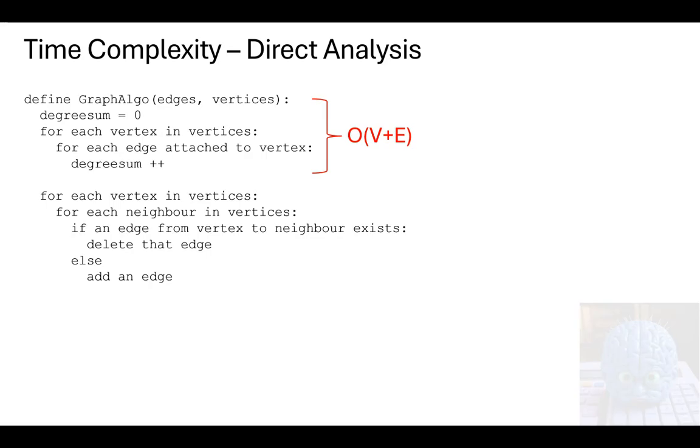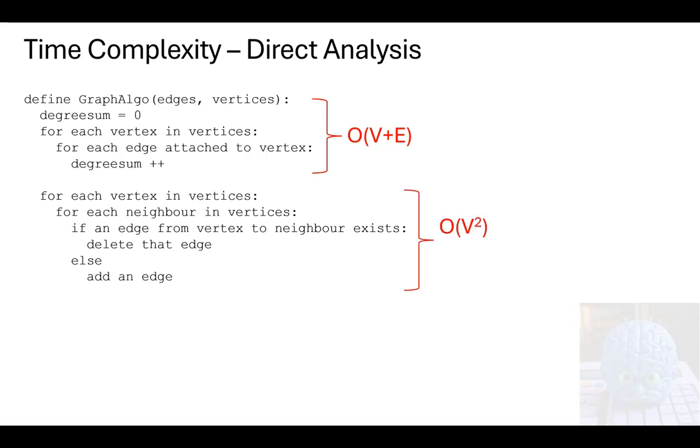The only situation that we might do that is if we were considering a complete graph, in which case we'd say that E is approaching v times (v plus 1) over 2, meaning that the handshake lemma would give us essentially v squared. But we haven't been told that here, so we're going to go with v plus E.